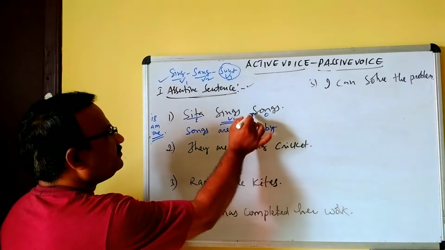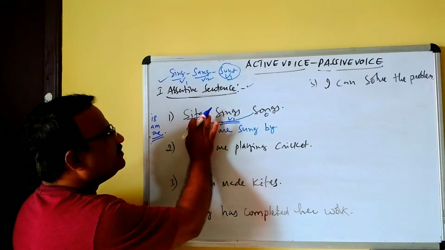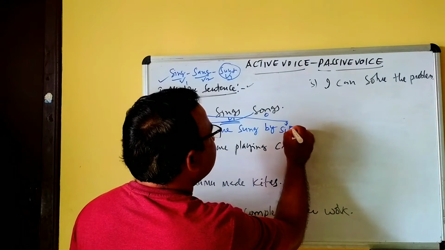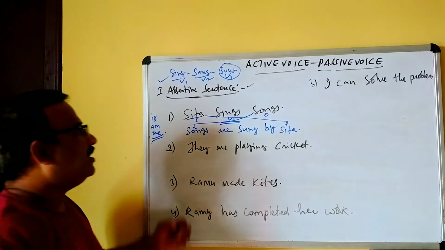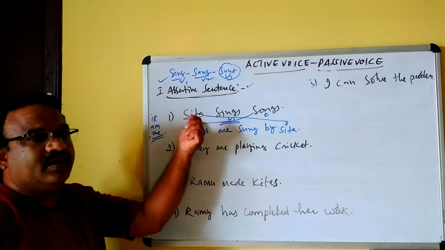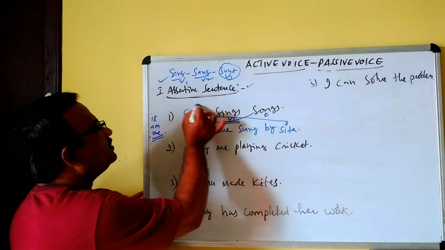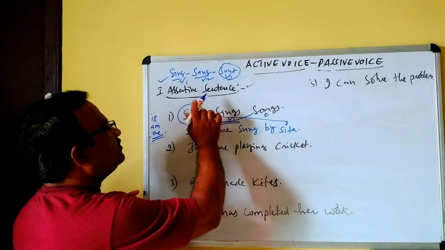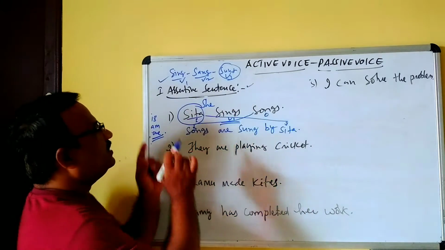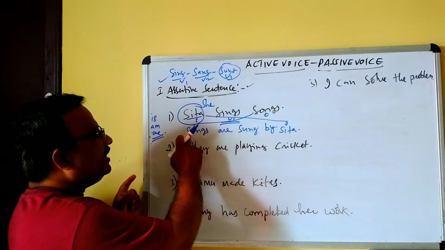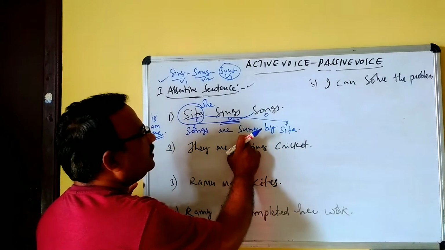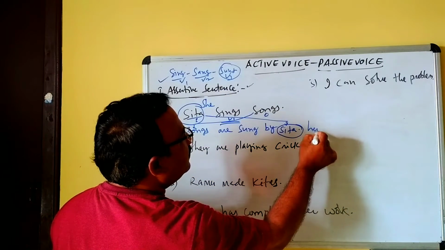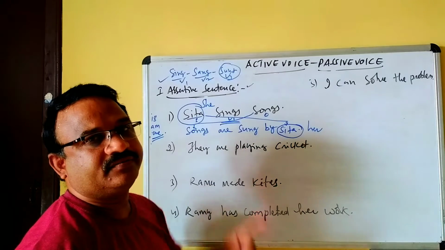And then the subject of the active voice will become object of the passive voice. Here, Sita. Suppose it is a pronoun, suppose it is I or she, sings songs. Here, songs are sung by she, will change in object as her.